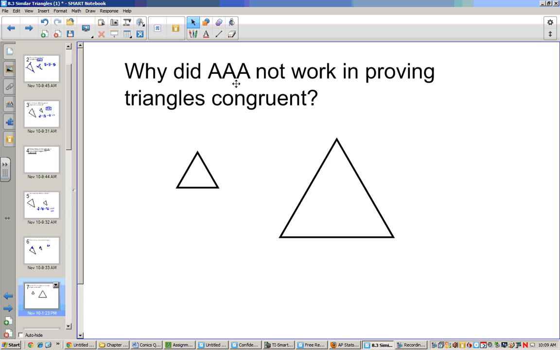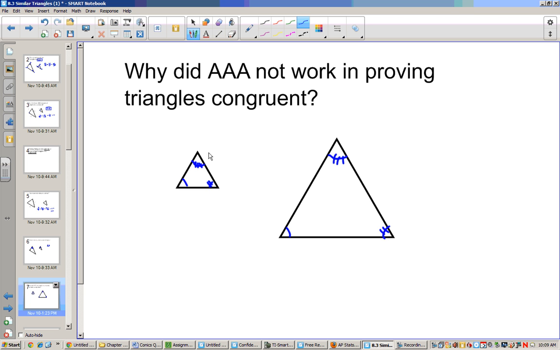Now this says, why doesn't AA work when we're proving triangles are congruent? Well, this would be a situation where these two triangles are definitely not the same size, but the corresponding angles are exactly the same size.